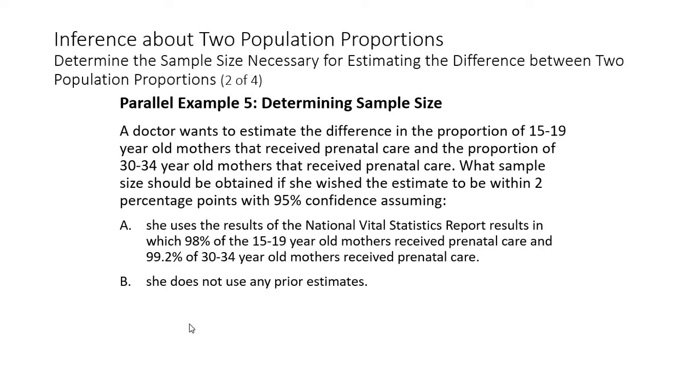What sample size should be obtained if she wishes the estimate to be within 2 percentage points with 95% confidence, assuming, first, that she uses the results of the National Vital Statistics Report, in which 98% of 15 to 19-year-old mothers receive prenatal care and 99.2% of 30 to 34-year-old mothers receive prenatal care. And the second instance is she does not use any prior estimation.